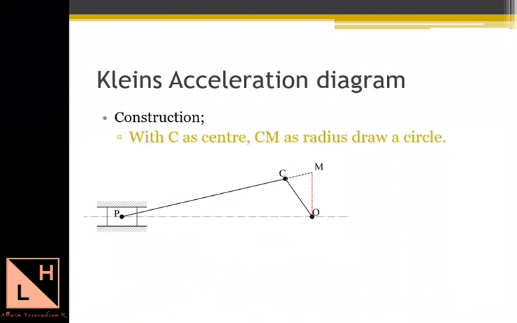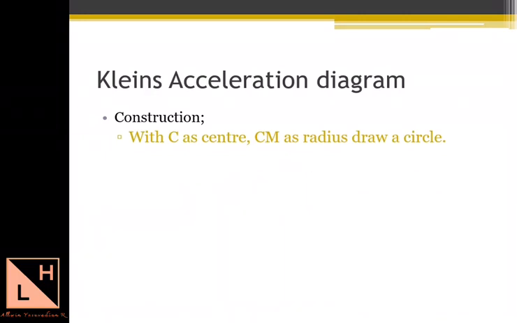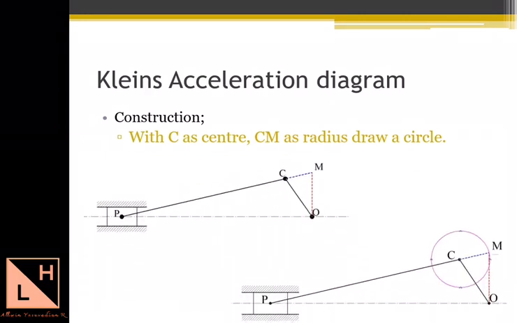With C as center and CM as radius, let us draw a circle as you see in this particular diagram. Keep C as the center, that is keep your compass needle over here, and you can take CM as the radius and draw a circle. That is the first step that we do to generate the Klein's acceleration diagram.